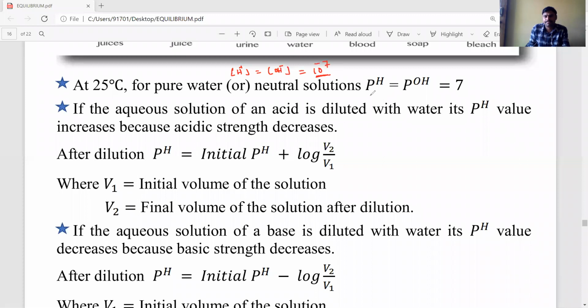We know that. According to that, pH is equal to pOH is equal to 7, because minus log 10 to the power of minus 7 is 7 only. Because minus of minus 7 is 7 and log 10 is equal to 1.